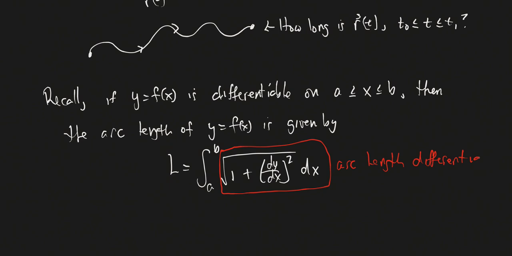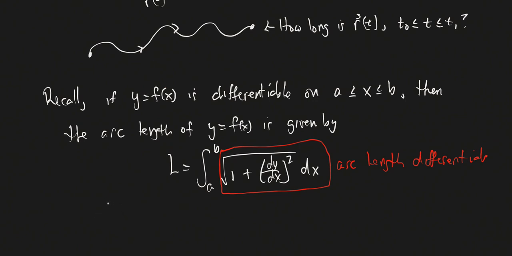So we call these arc length differentials. I want to focus on that part to see if we can convert this function into a parametric form, and then in vector form, we should be able to restate this formula in vector form as well. So let's see if we can do that.